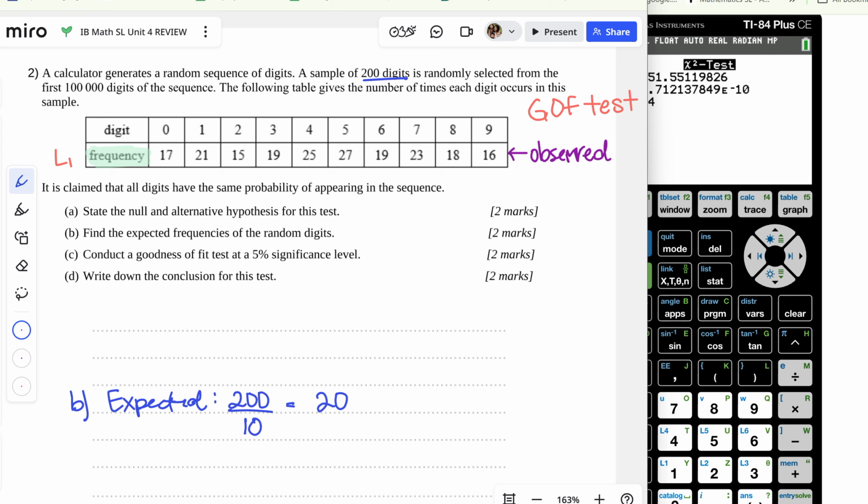So now we're going to state our null and our alternative. We're going back to A. Our null hypothesis would be, and if you cannot think of a good null hypothesis based off of the scenario, you could just say that the data has a uniform distribution.